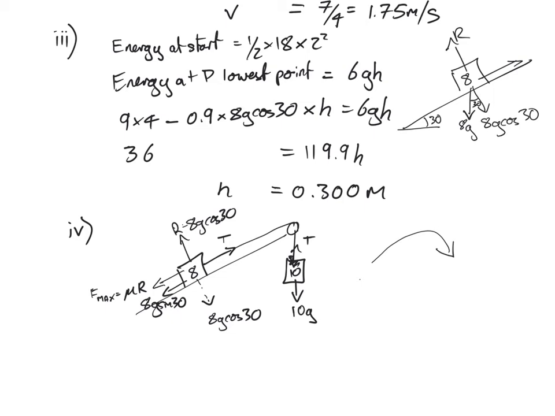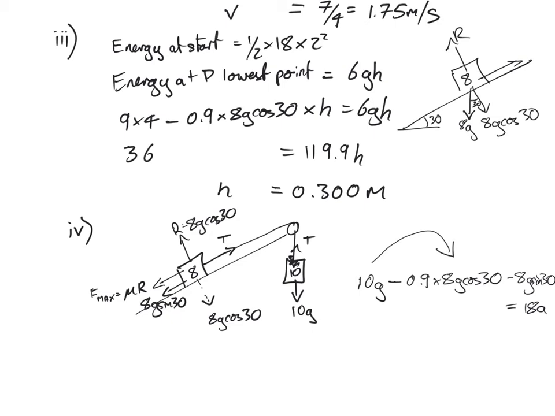So we've got 10g in that direction, minus 0.9 times 8g cos 30, minus 8g sine 30 equals the mass 18a.